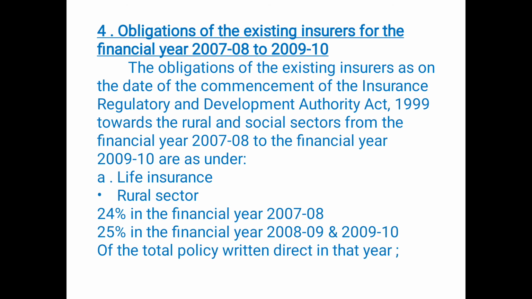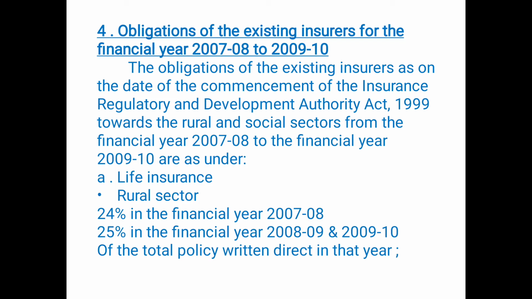Next, fourth one, obligations of existing insurers for the financial years 2007-8 to 2009-10. The obligations of existing insurers as on the date of commencement of the Insurance Regulatory and Development Authority Act, 1999 towards the rural and the social sectors from financial year 2007-8 to the financial year 2009-10 are as under.